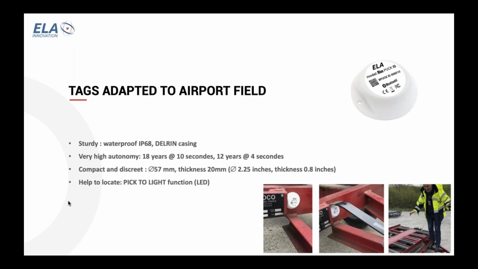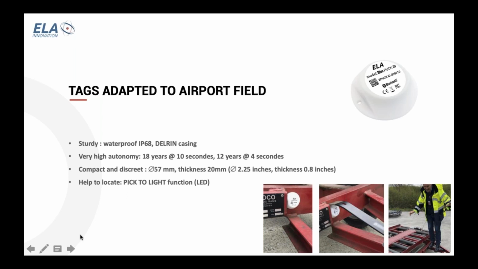Now if we focus more on the installation into the airport, you can see on the bottom right pictures of the Puck installed into dollies. First of all, they are sturdy. They are waterproof IP68, and they have a Delrin casing, so they are able to withstand shocks, for example. They have a very high autonomy: 18 years for an advertising period of 10 seconds and 12 years for an advertising period every 4 seconds.